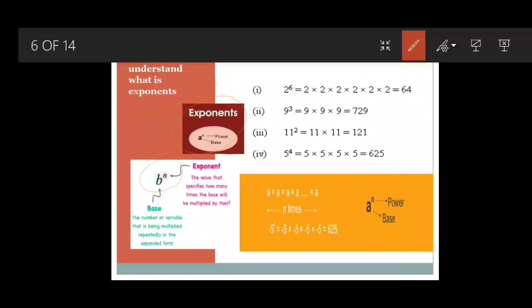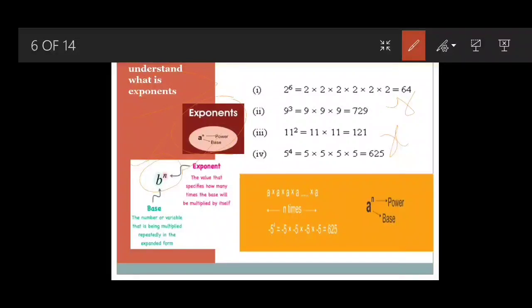It can be written using any variable. In one book it may be x to the power y, in another book y to the power x. The exponent or the base can be represented by any variable or number. Here, suppose we take it as n.